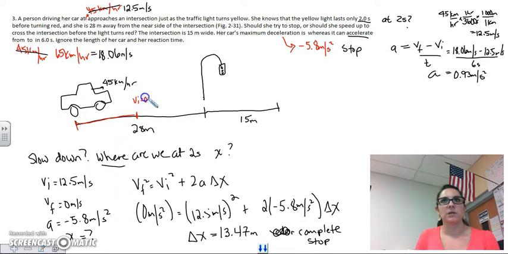In other words, we can obviously try to slow down. I think that is the best method because we're not crossing the intersection. It looks like this person has plenty of time to do that.